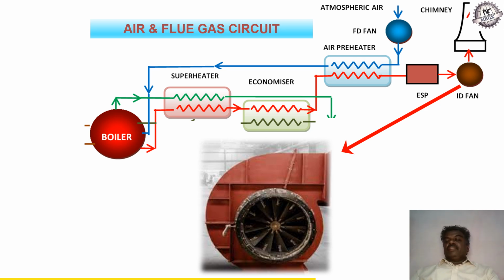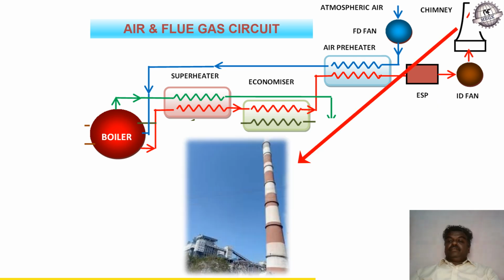So the flue gas has to be let out at a higher altitude. For that, we use chimneys. A chimney is basically a tubular structure which is very tall, and in certain cases these chimneys can reach heights up to 300 feet.